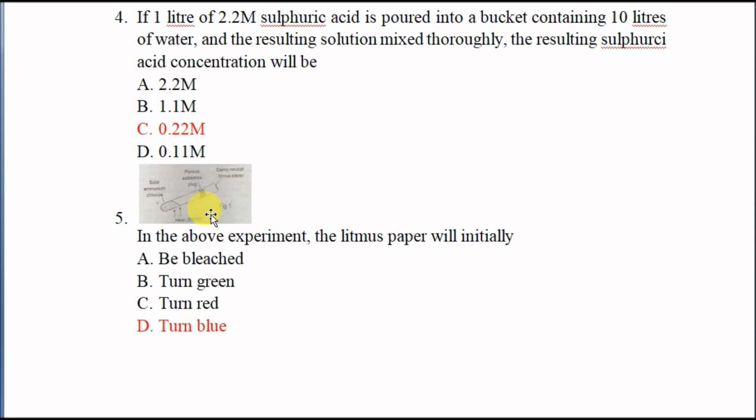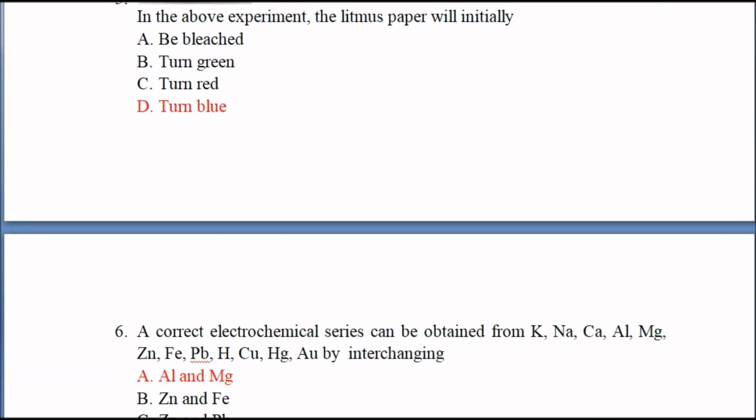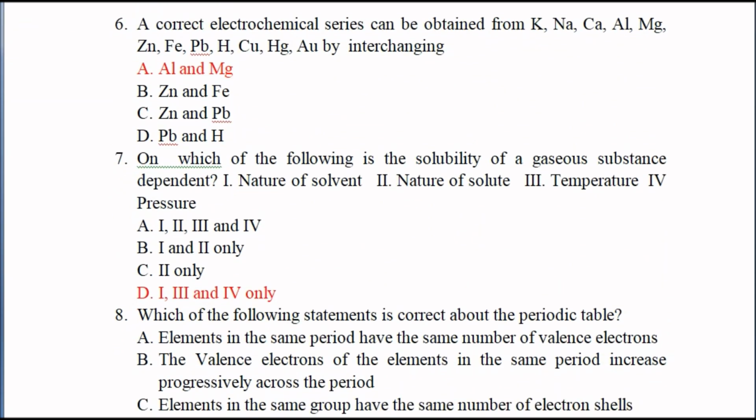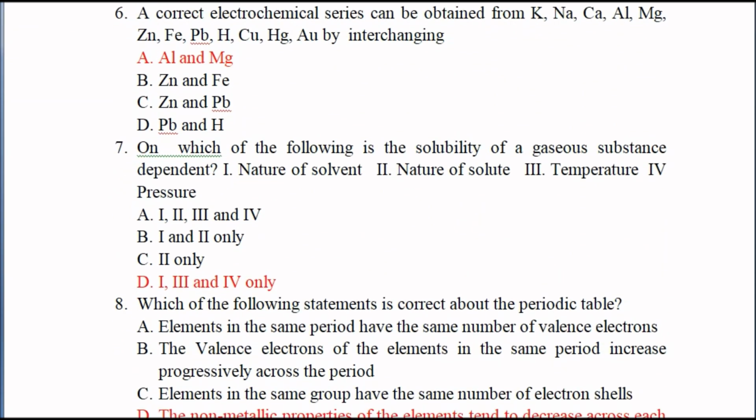So you see that ammonium chloride is involved, and there is heating, and that's why we'll expect a basic solution, and that's why turn blue is the right option. So let's continue.